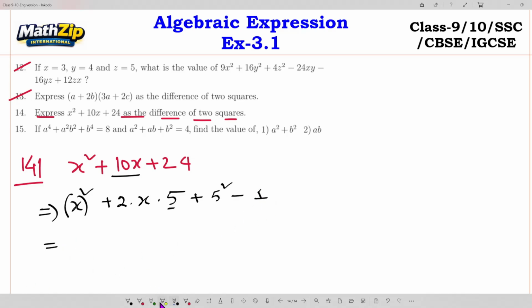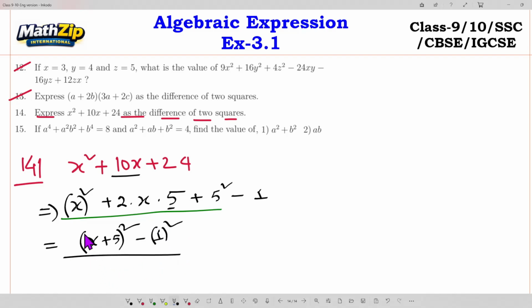So we can write (x + 5) whole squared, and for minus 1 we can write 1 squared, and it's a difference of two squares. Very simple, and this is the answer.